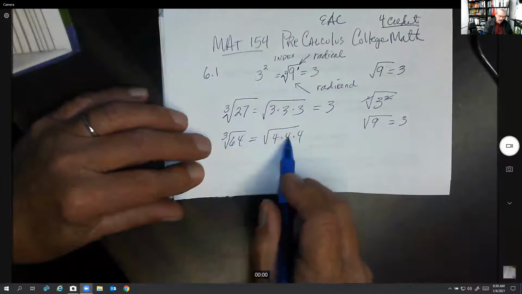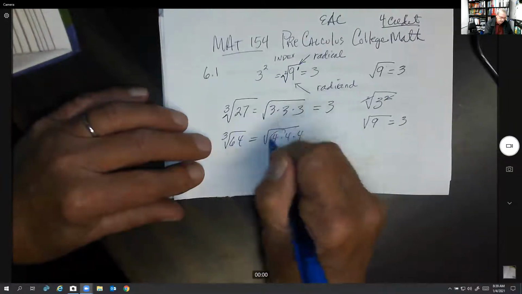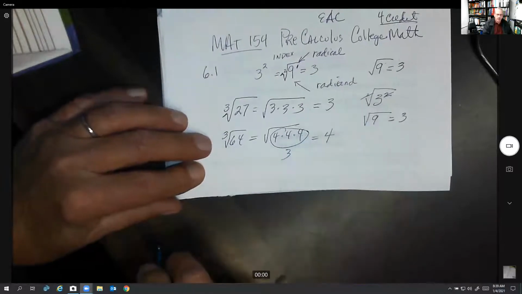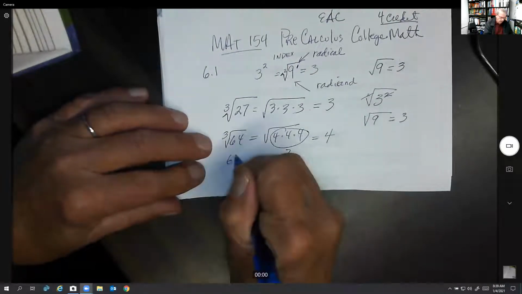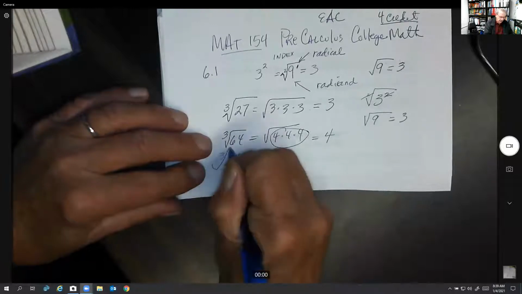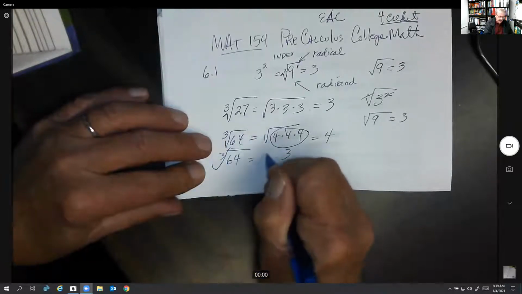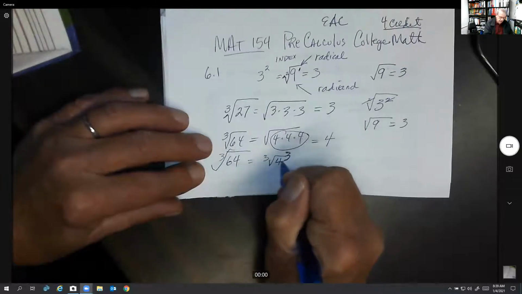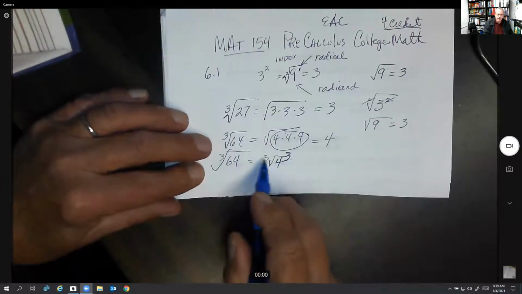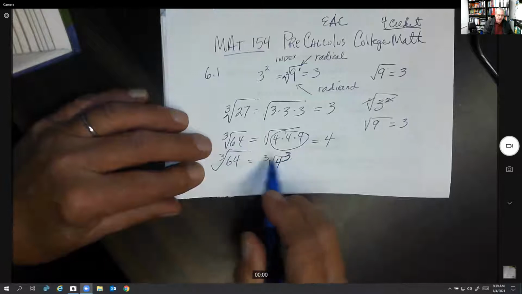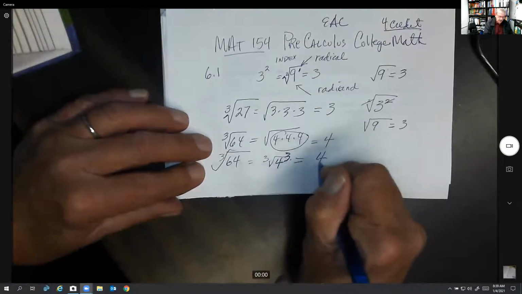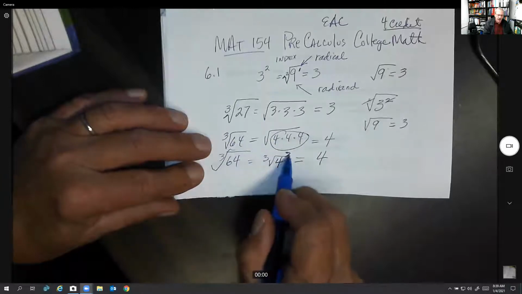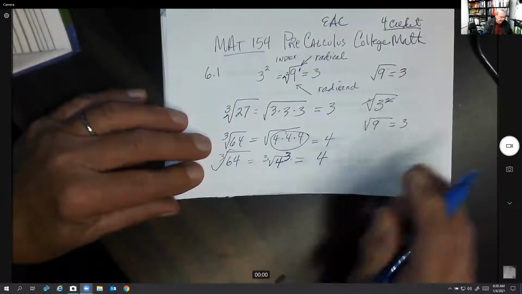We have 3 fours, so it comes out as the number 4. We can think of it this way: the cube root of 4 cubed. The index and the power are the same, so it comes out as a 4. If the index and the power match up, then we just get the radicand.